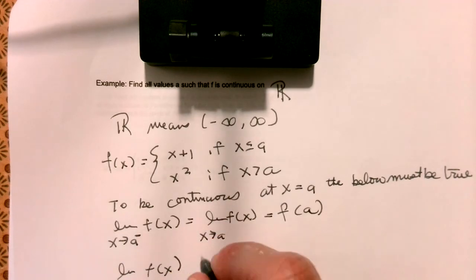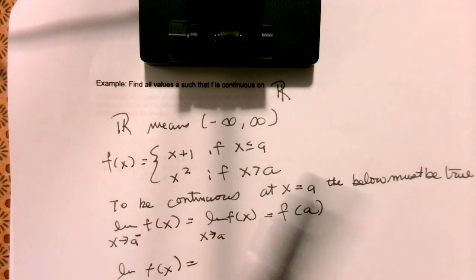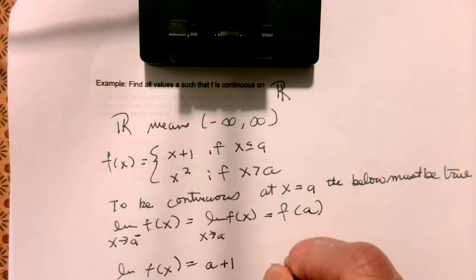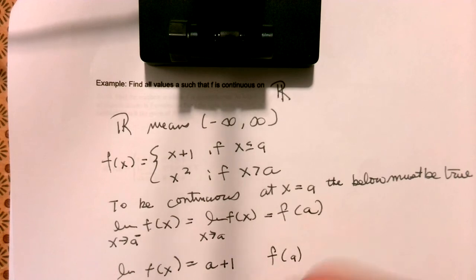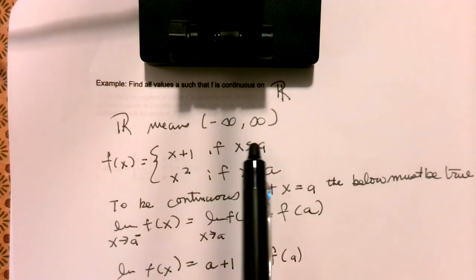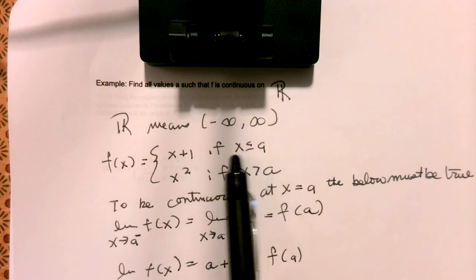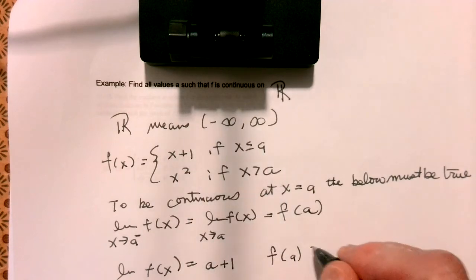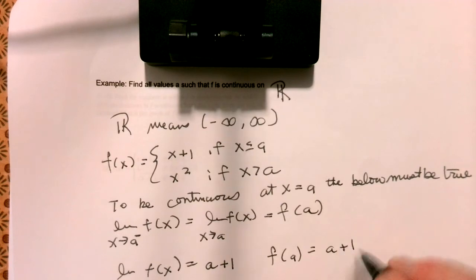If we substitute a into this piece, that would be a plus 1. And also f of a, because it's got the equal symbol right there, when x is equal to a, it uses this piece. So that's a plus 1.